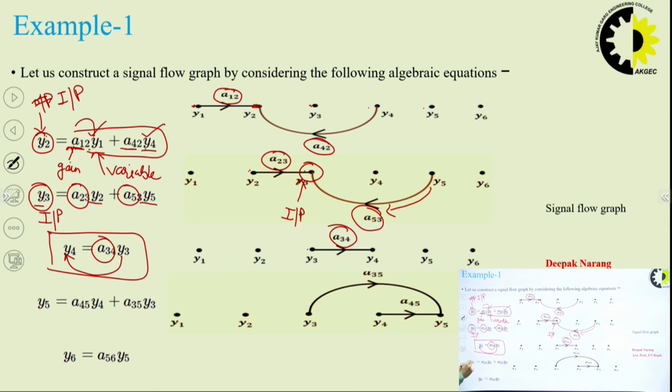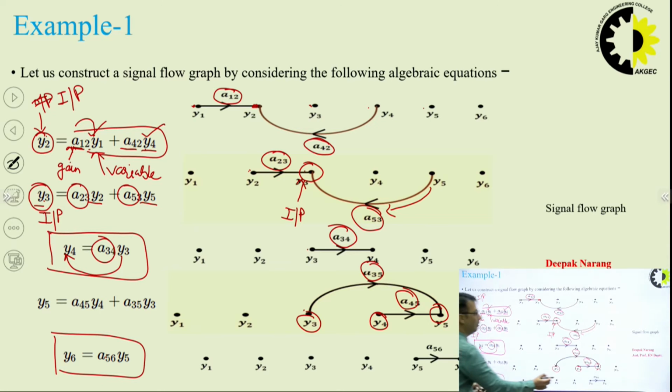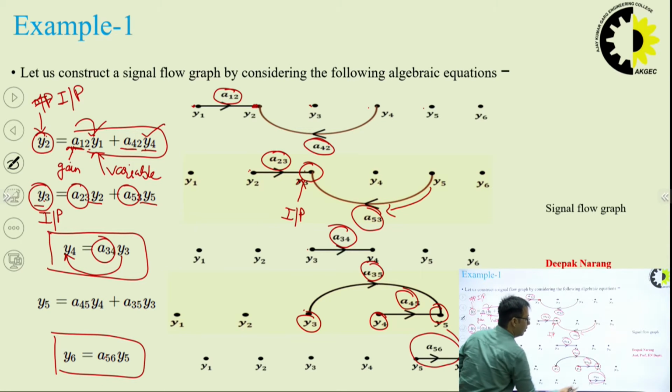Next, in the same manner, we can say y5 is the input node which is connected with y4 and y3 with suitable gains. And here we can see y6 is equal to a56. So, we are simply joining this y5 and y6 with gain a56.